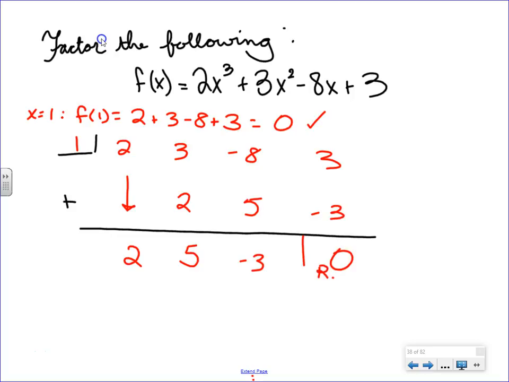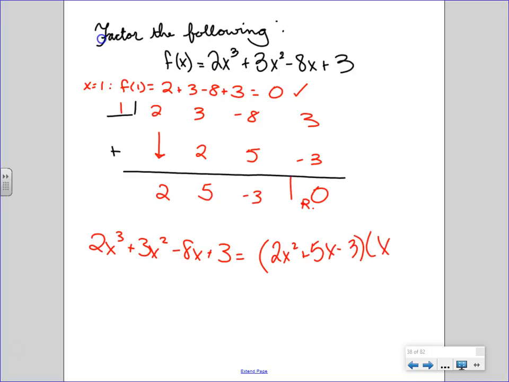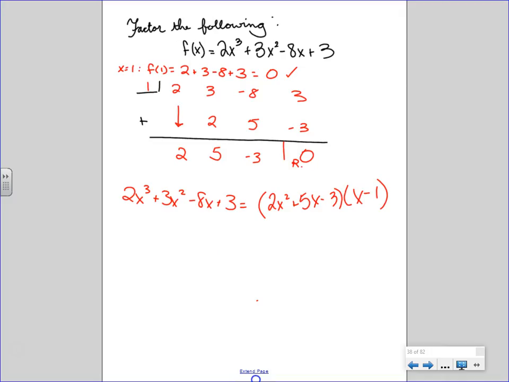You got here, that's great, but you're not done. You broke it down. What do you still have to do? Get the factor, I got it. You have to factor him.